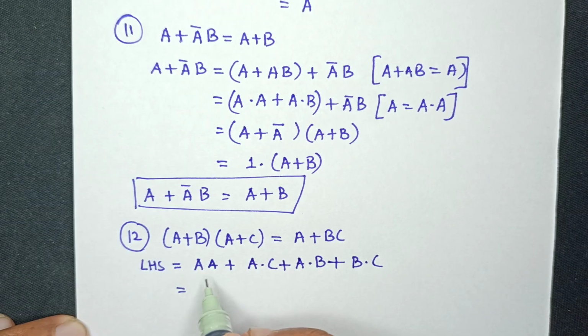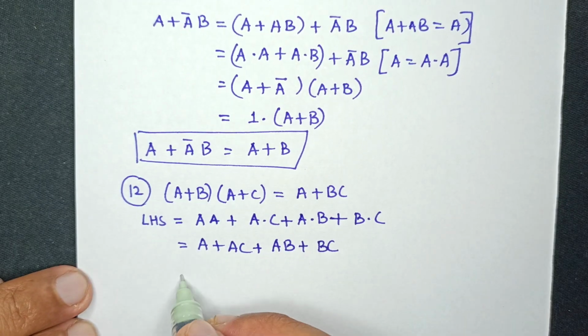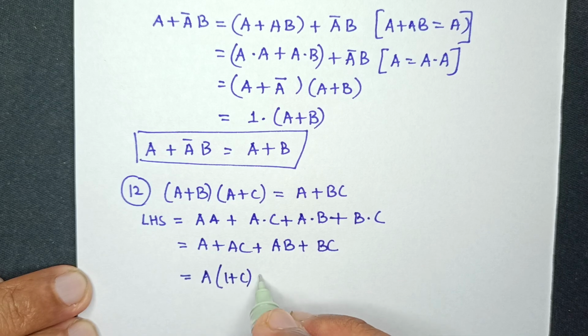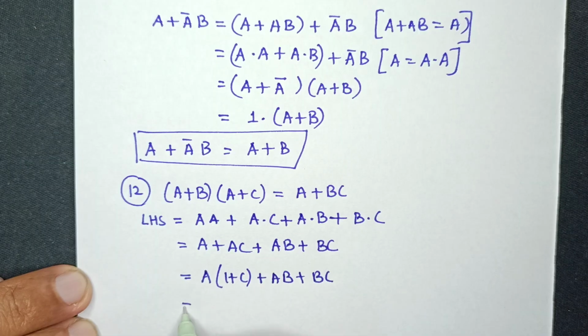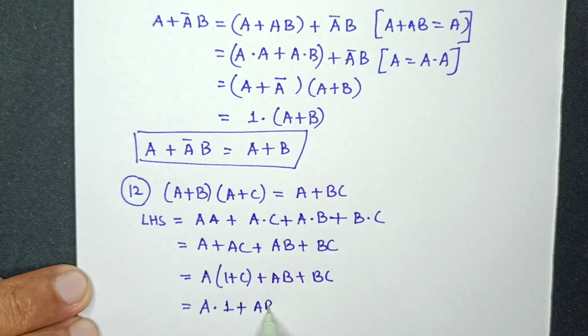Now let's multiply this. So this becomes a plus ac plus ab plus bc. Now taking a as common, this is a times 1 plus c plus ab plus bc. Now this becomes a dot 1 plus ab plus bc.